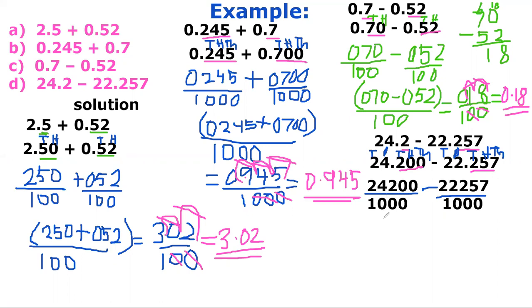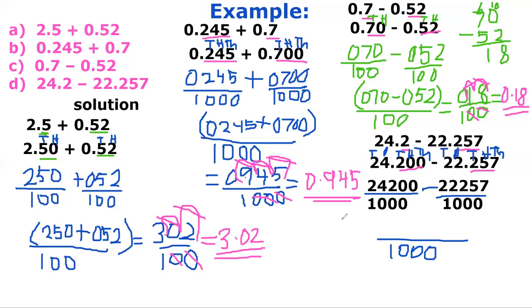So since they are like fractions, they have the same denominators. 24,200 over 1,000, 22,257 over what? 1,000. So because they have the same, then you underline, then you write 1,000 here. Because they have the same denominator, you choose one.